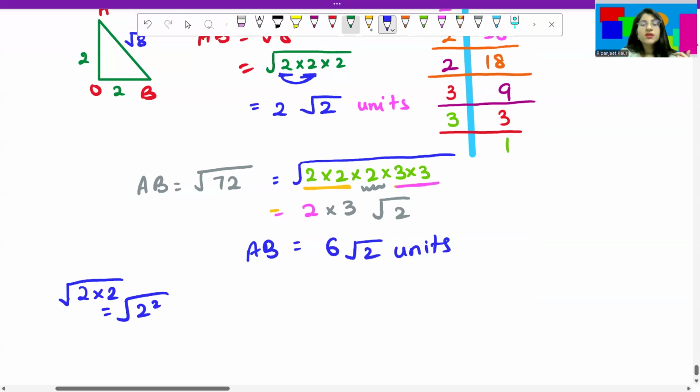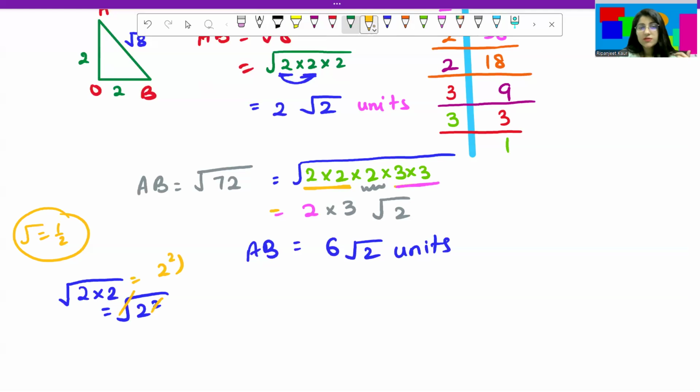And we know square and under root are opposite of each other, because a square root means the power is half. So it's something like 2 squared to the power half. If we solve it, it means 2 to the power 2 times 1 half. And here the 2 and 2 get cancelled, and we get 2 to the power 1, which is nothing but 2.